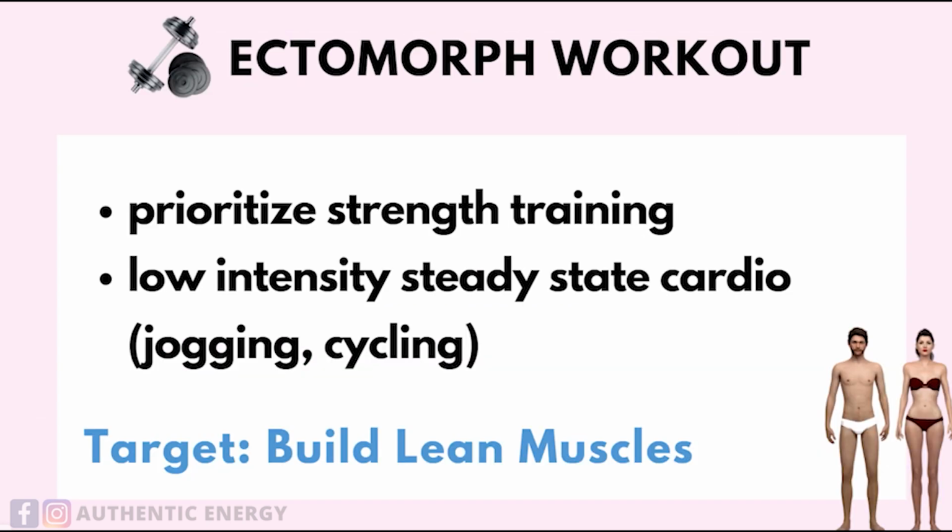Now let's talk about the exercise, the workout, and also the diet and nutrition for each body type. Firstly, we have our ectomorph. What is recommended for ectomorph bodies in terms of training?